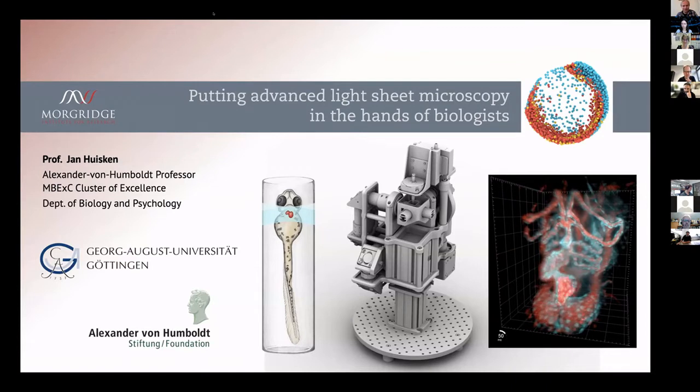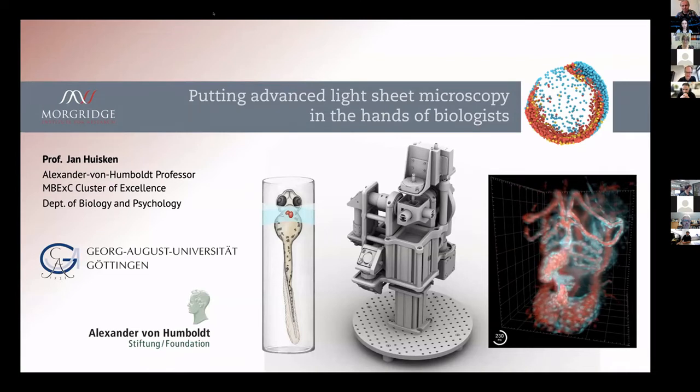So what I'll talk to you about today is going to be a little bit less about the science we do in the lab, but more about the translational aspect of how to put the microscopy that we develop into the right hands, into the hands of the biologists.